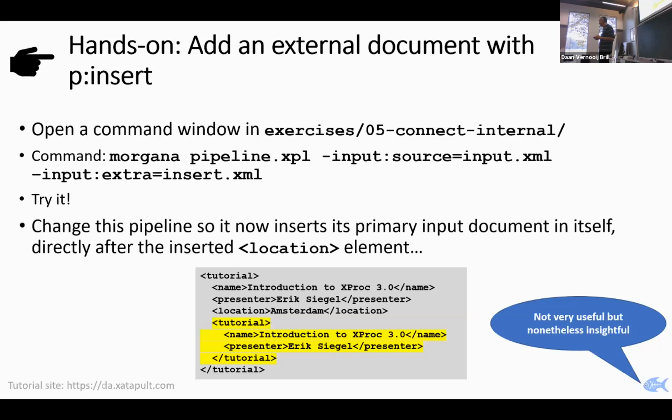That yellow stuff is the original document you start with. So after you've inserted the location using the extra port, I want you to reinsert the original document back into itself by using another p:insert with another pipe attribute, p:with-input with a pipe attribute. Difficult, but nonetheless enlightening.